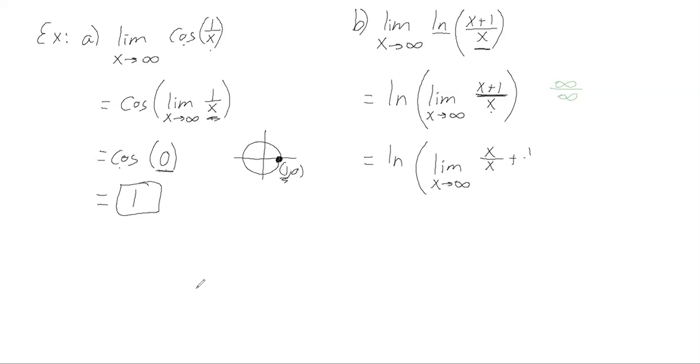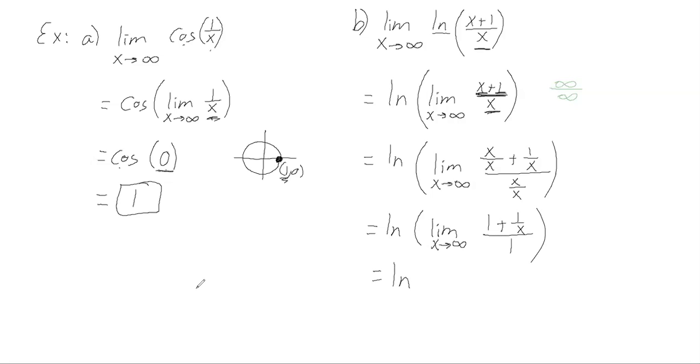We're going to divide 1 by x, and we're going to divide x by x. So I divided this term, and this term, all by x. So that gives me the natural log of the limit as x approaches infinity of 1 plus 1 over x all over 1, right?